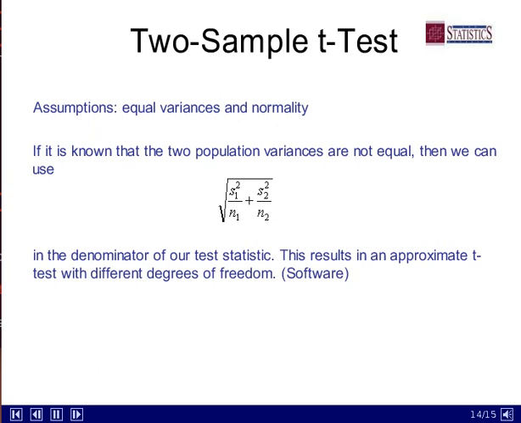We treat the estimates separately. Now, that does impact things because the resulting test statistic, the t-value that we call a t, is actually not an exact t-test. It's actually an approximate t-test. And it has slightly different degrees of freedom. It's not simply n1 plus n2 minus 2 anymore. At this point, you really need to use software. I'm not going to go through that. You should be able to find it in any sort of textbook if you're interested in looking it up, but you really need software at that point.